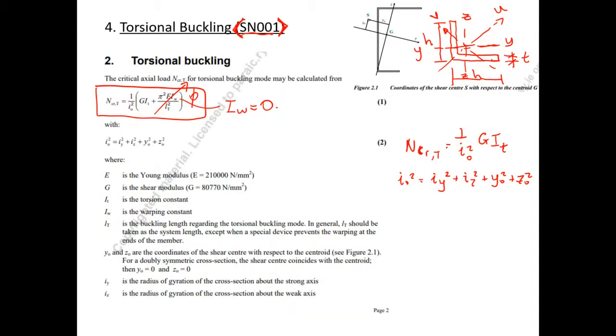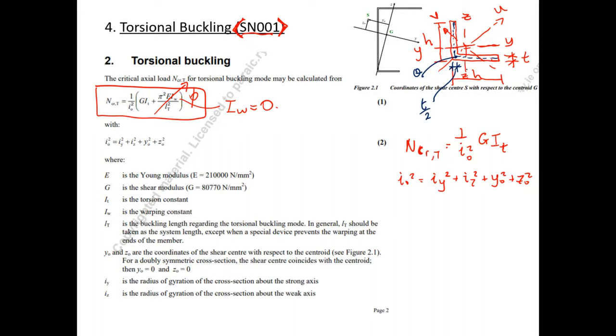So what are we interested in? We'll have to work out these y_0 and z_0 and so on. If I go to the center of the section and put the origin there, O, the distance from the outside edge to the origin is obviously the thickness divided by 2.